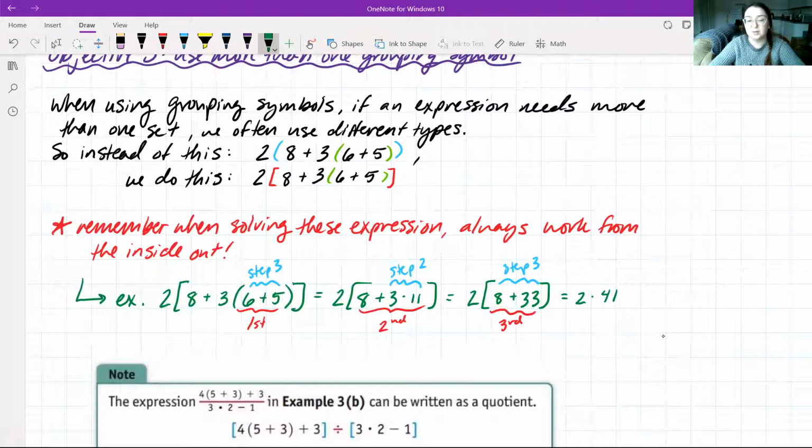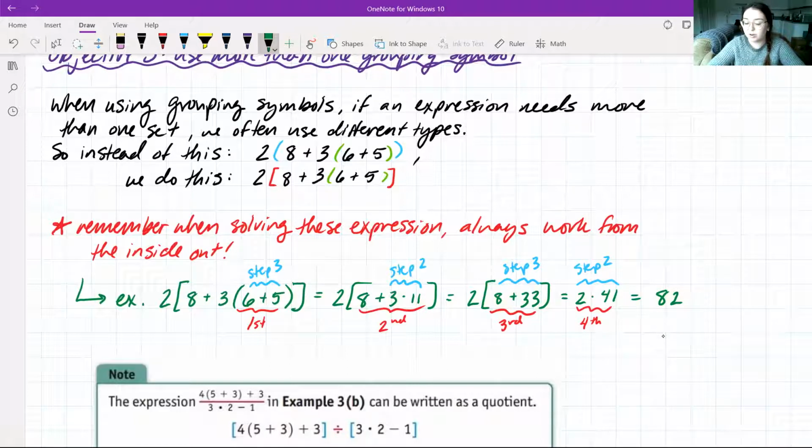So we're going to say it's 2 times 41. And this will be our last step, or our fourth item to solve. And in our order of operations it coincides with step 2, multiplication. And this gives us our answer of 82.